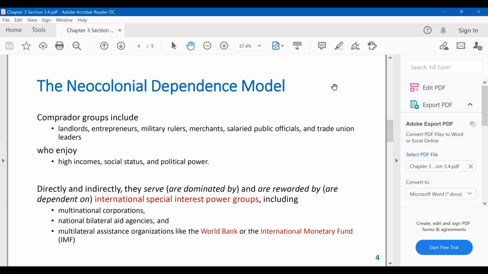One important figure, and I assigned a reading in the system, a separate article, not from the textbook, is Andre Gunder Frank. There is also Immanuel Wallerstein, however you pronounce it, it doesn't really matter. I think a couple of years ago he died. He was also an important figure.